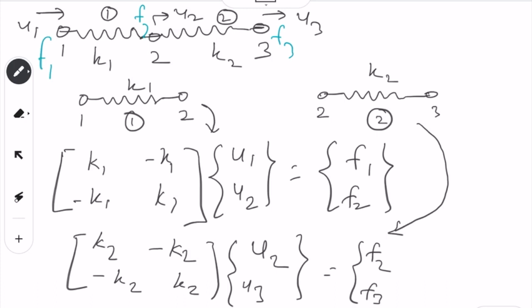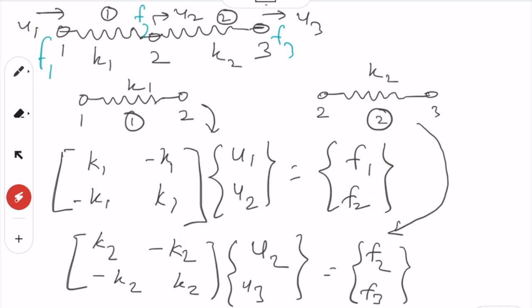Okay. Now here we have to be careful. Why careful? See here, F1, of course we have F1, there is no other element on this side, so we can write F1 like this.